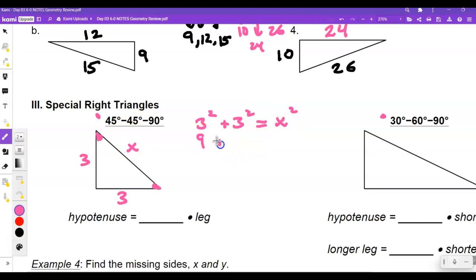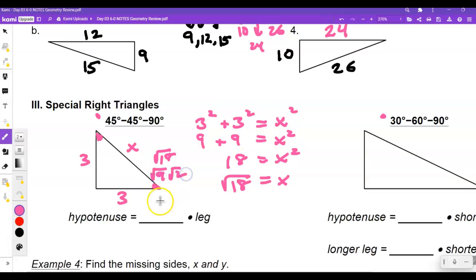So 9 and 9, which is 18, which is root 18. And if I simplify this, root 18 is the same as root 9 and root 2, right? And root 9 is 3. So root 18 is the same as 3 root 2.